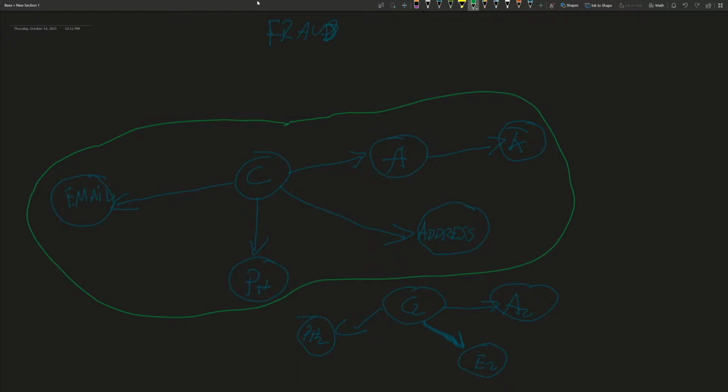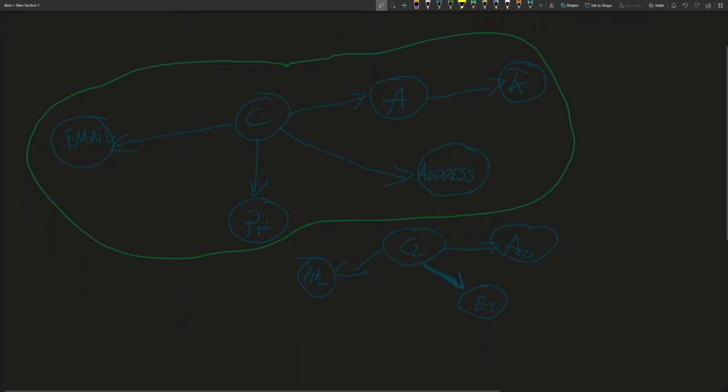But what if, for example, we then see that this person adds another phone number? So they come in and say, oh, I'm not using this phone number, I'm using another phone number. Well, that's normal.